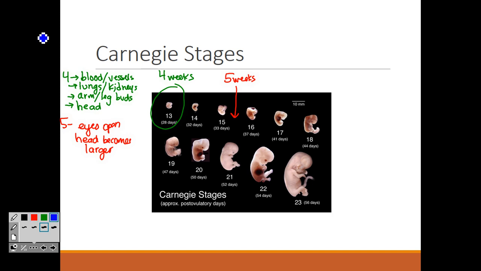If we think about the 6th week, right about here, just after stage 17, in the 6th week, that is when we see the brain really start to develop. Now, we had the beginnings of the nervous system, but a lot of that was not the brain itself, but maybe some of the other structures associated with it. We see leg and arm elongation, and hormones start being produced.